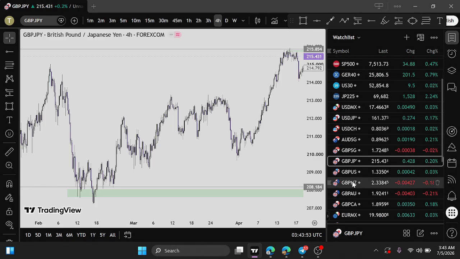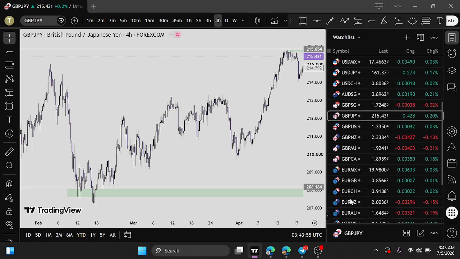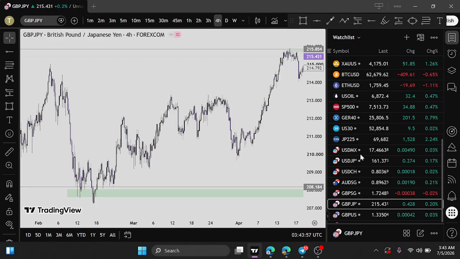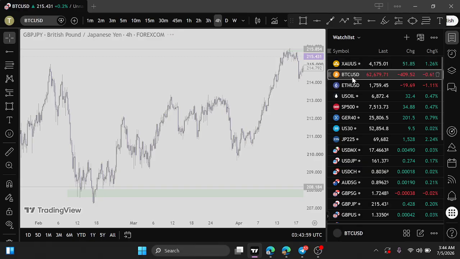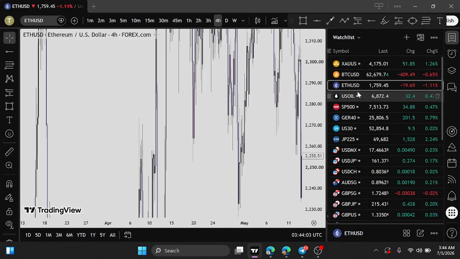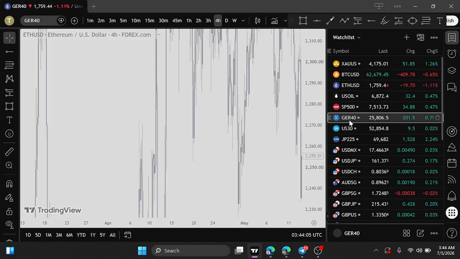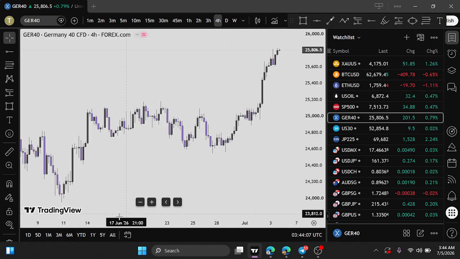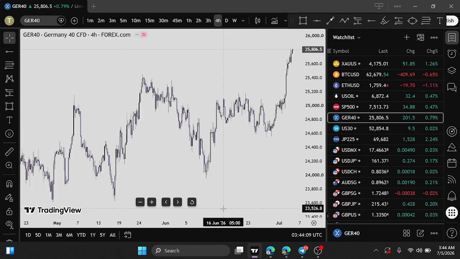I've been trading GBP not too often these days because a lot has been happening on Bitcoin and Ethereum, most especially Ethereum. I love this Ethereum a lot, and there's a trade we also took with my people, and this was how we came up with the trade.